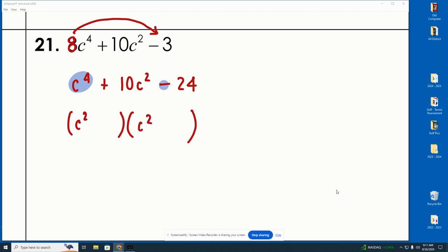What multiplies to get a negative? So we're looking for the two numbers that multiply to get 24, but because those signs are opposite, have a difference of what? 10. What multiplies to get 24 has a difference of 10? 6 and 4 have a difference of 2. Remember, it's not a combination of 10, it's a difference of 10.